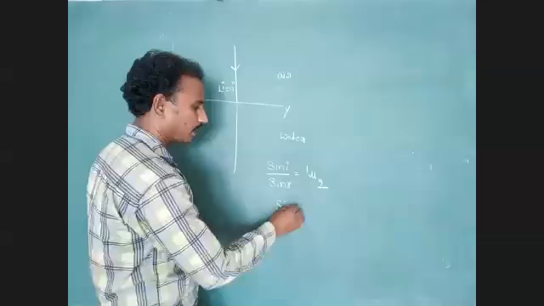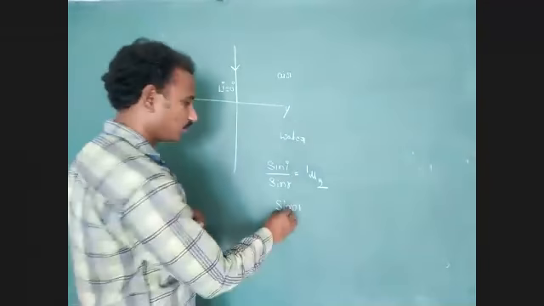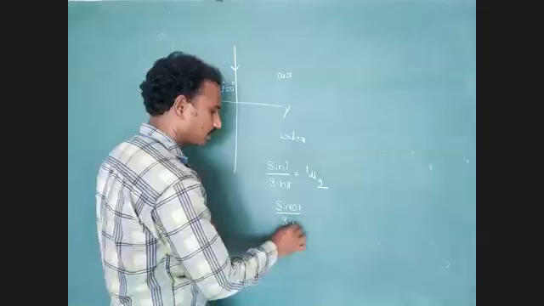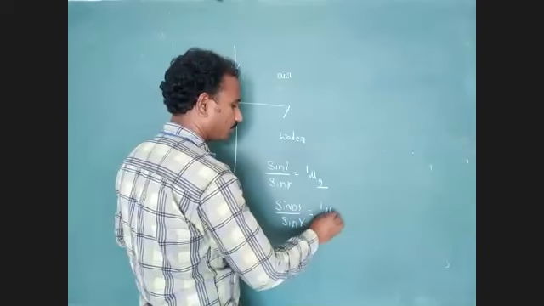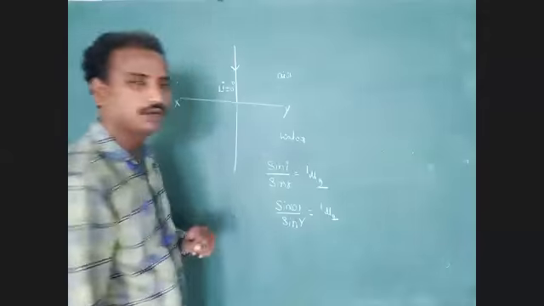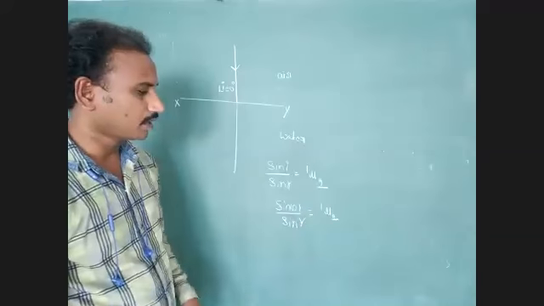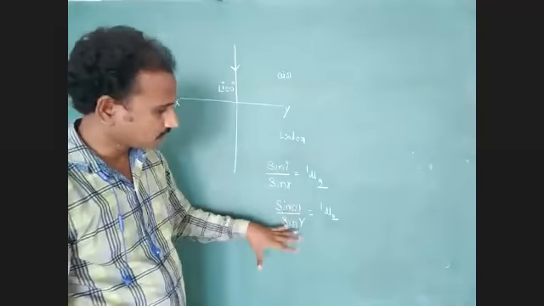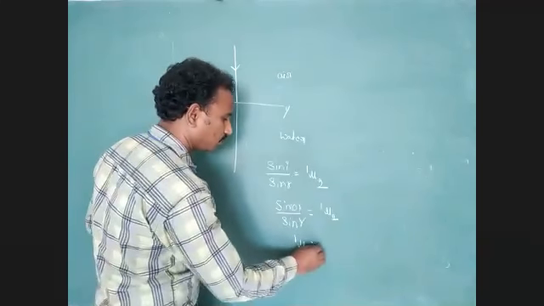We just identify sin of 0 degree. Sin of 0 degree divided by sin R equal to 1 mu 2. Understood? Okay, sin 0 by sin R, how much? 1 mu 2 equal to 0.